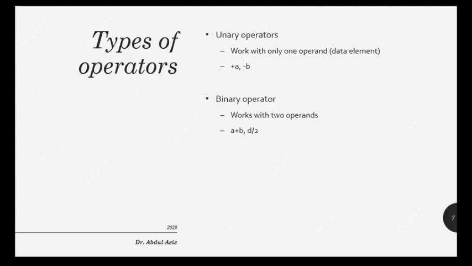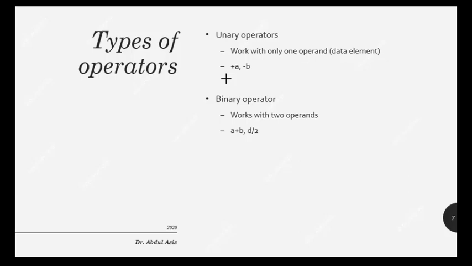For example, plus can be used as a unary operator. In the example here, we have used plus and minus with a single data element, like plus a and minus b. In another example, we have used a plus b. So if you refer to the first example, you can see we have applied the plus operator to simply one operand.